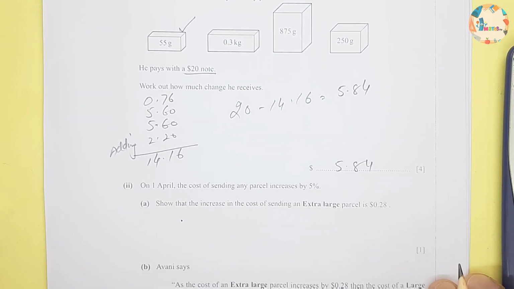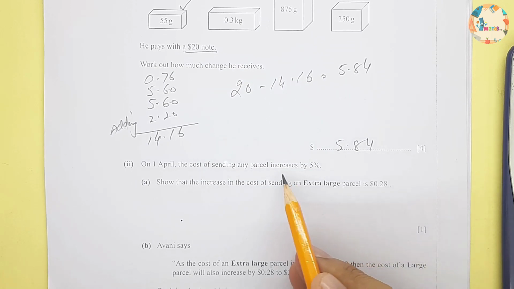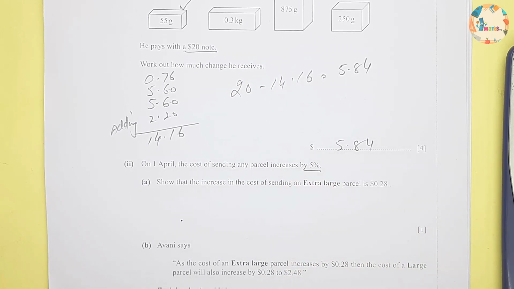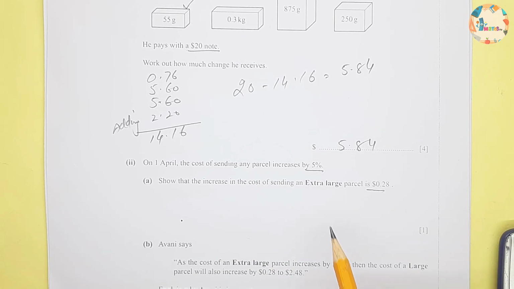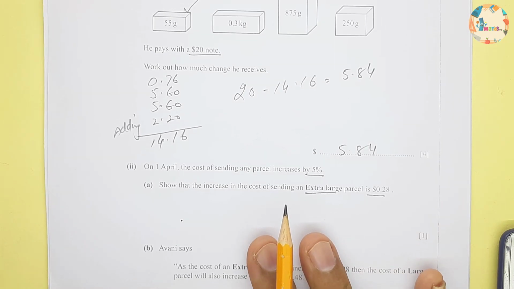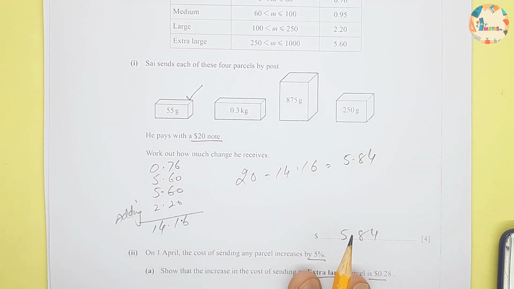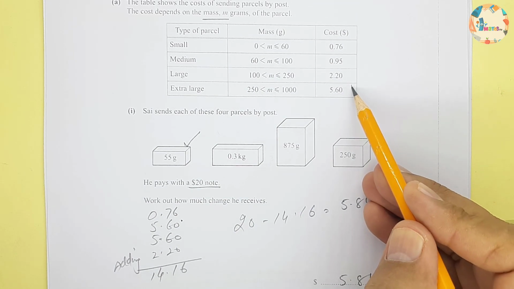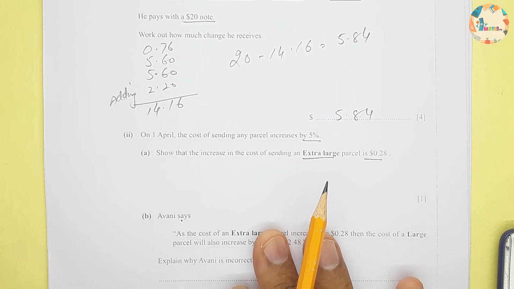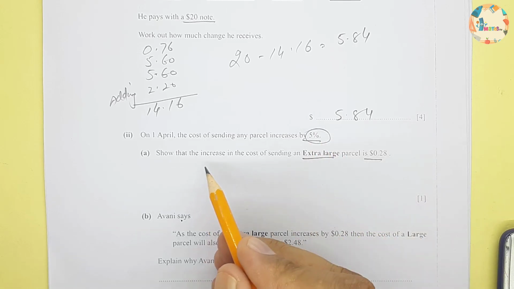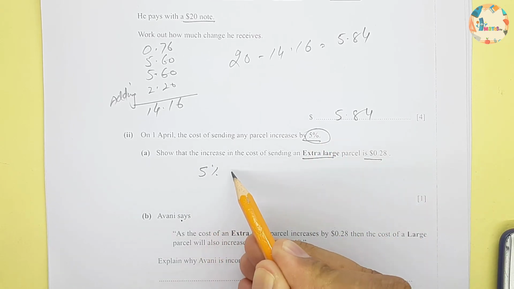On 1st April, the cost of sending any parcel increases by 5%. Show that the increase in the cost of sending the extra large parcel is this one. Increase in the parcel we have to calculate. Extra large parcel will be this one, which is 875, and for extra large the cost will be 5.60, so we have to calculate a 5% increment on 5.60.